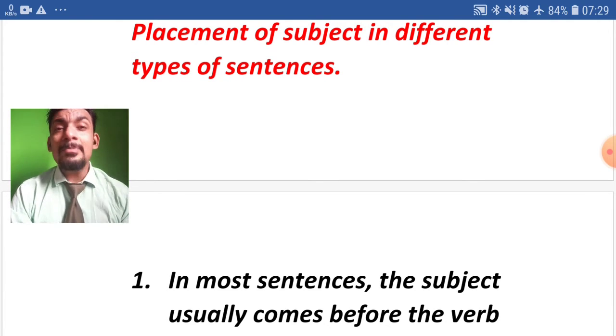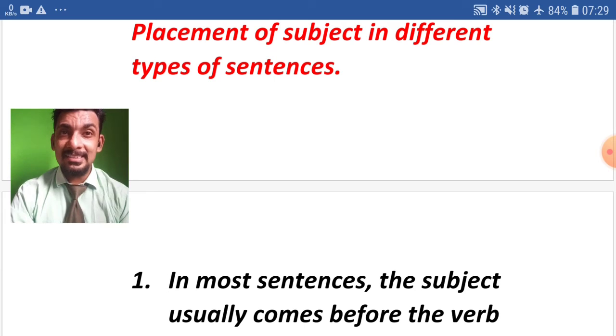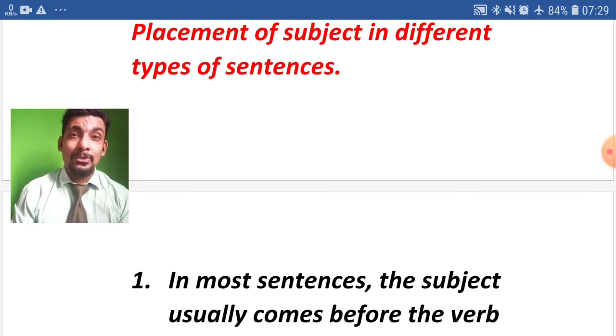And verb is the action word, means the work that is performed in a sentence comes under the category of verb. And finally comes the object. Object was, my dear students, the receiver of the action. Means if the subject is doing an action, somebody has to receive that action, and the object is the receiver of that particular action.